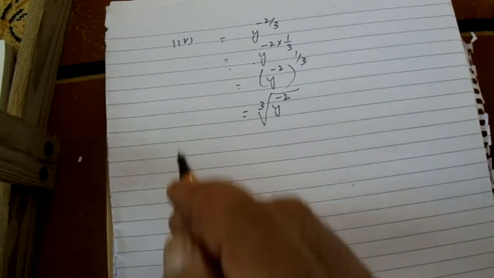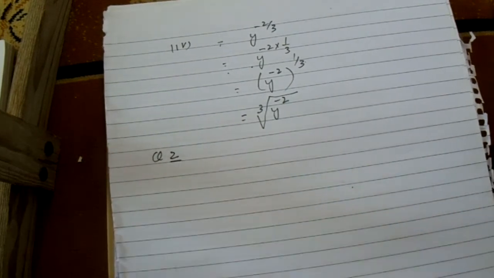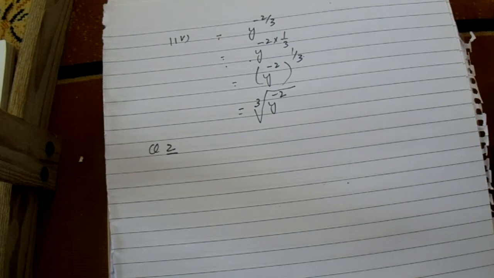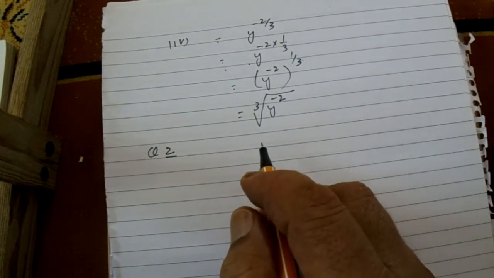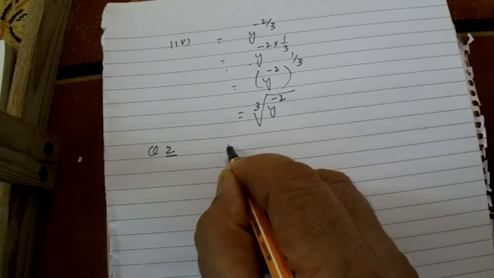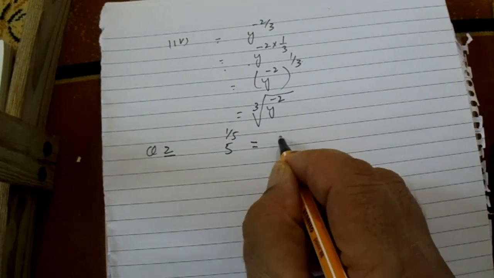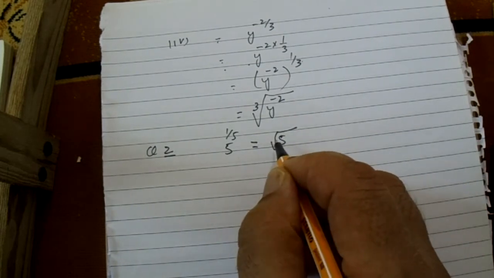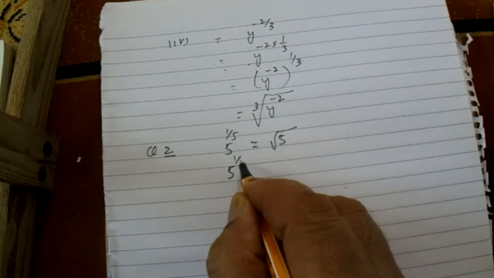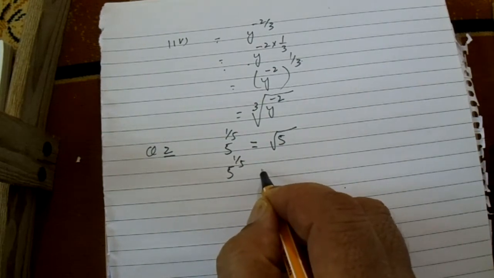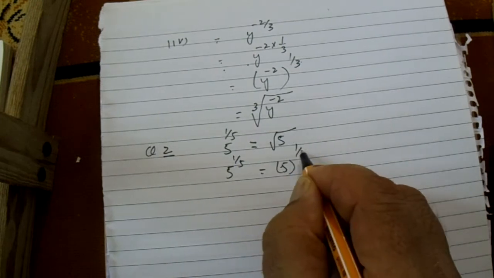The question number 2. The following statements are true or false. The first statement is 5 power 1 over 5 is equal to the square root of 5. Now here 5 power 1 by 5 is equal to the square root of 5, which is 5 power 1 by 2.